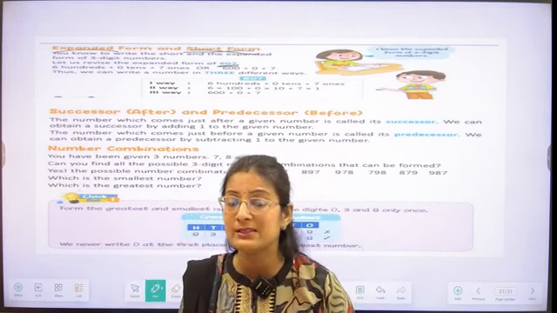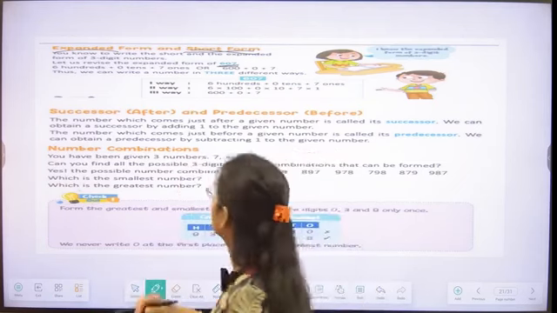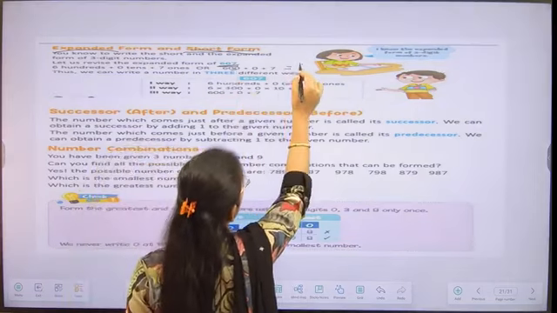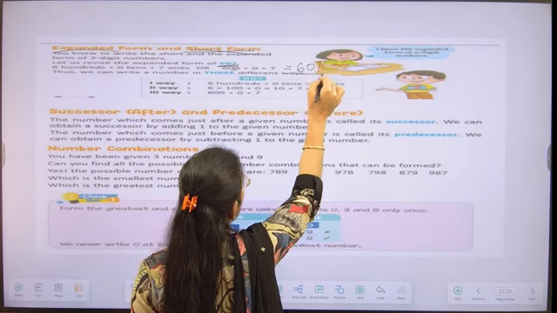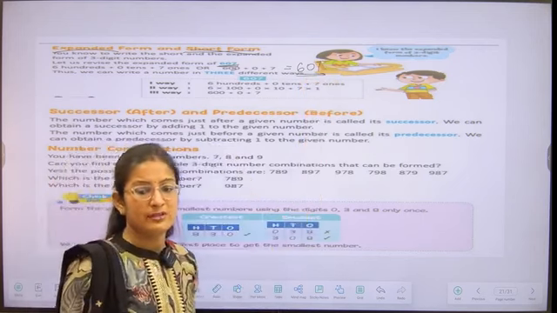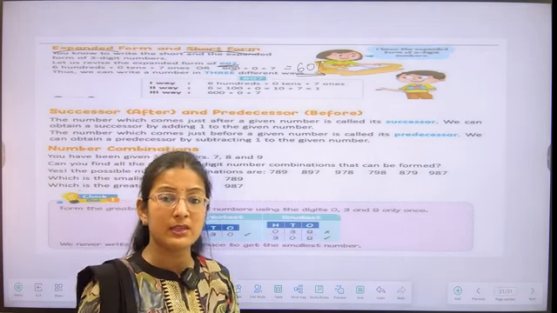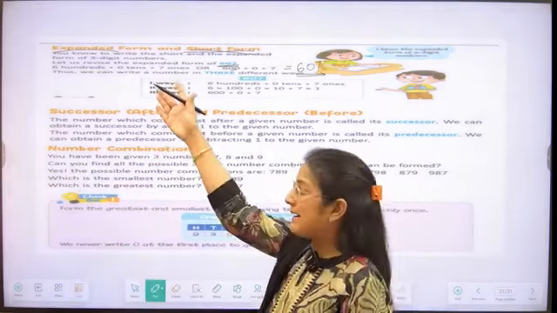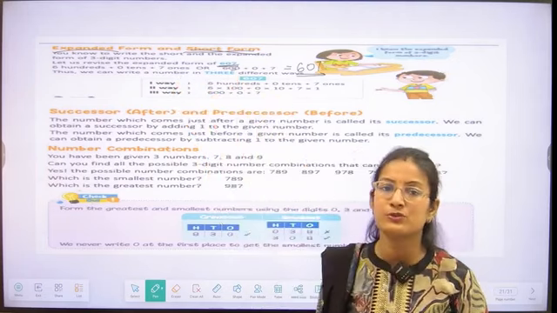Similarly, if we omit the zeros from the expanded form, we get the number in short form, that is 607. Is everyone understanding how we write numbers in expanded and short form, students?